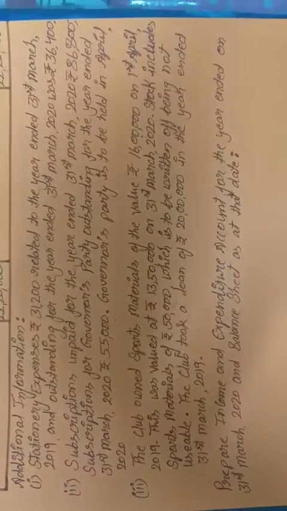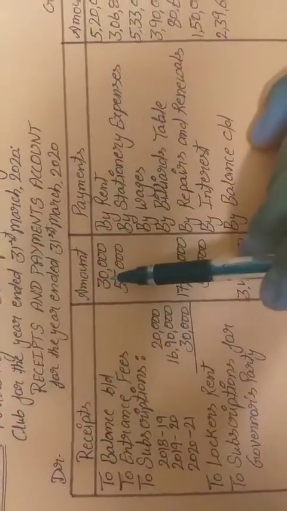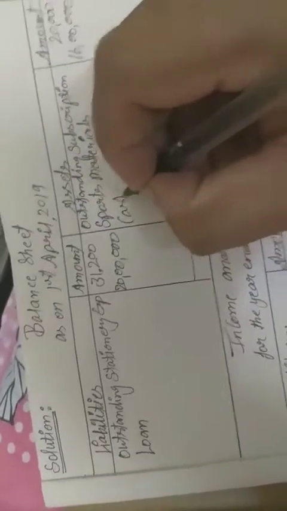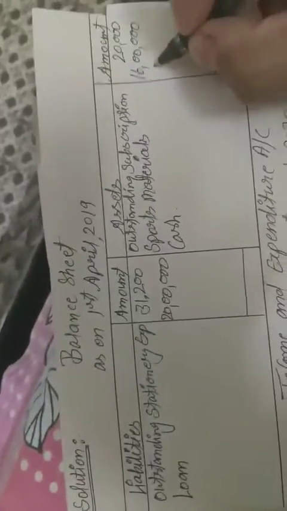Okay, so now only the things given in the receipt and payment account are left. The first one is the cash balance, and it will transfer to the opening balance sheet. So the cash amount is 30,000.